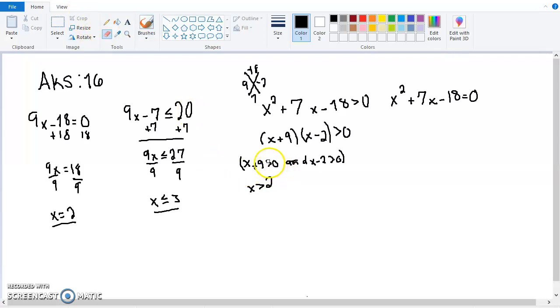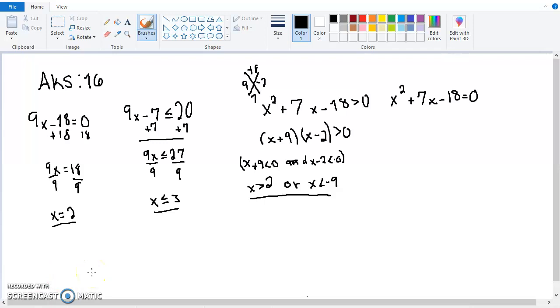You can just make them less than. And that will leave you with x less than negative 9. And this whole thing will be your full answer for this inequality.